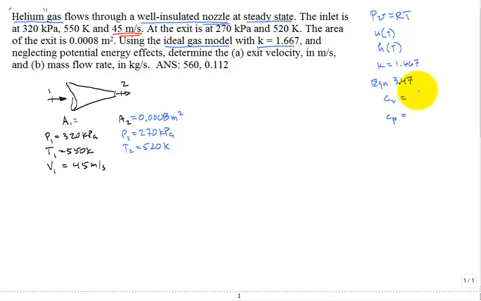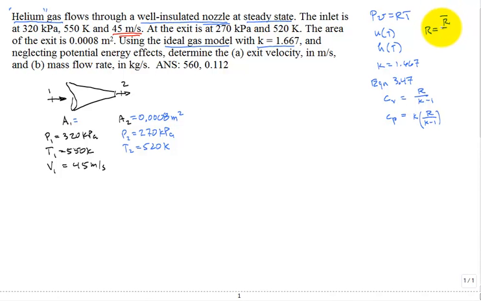The values are the gas constant divided by K minus 1, or K times the gas constant divided by K minus 1.